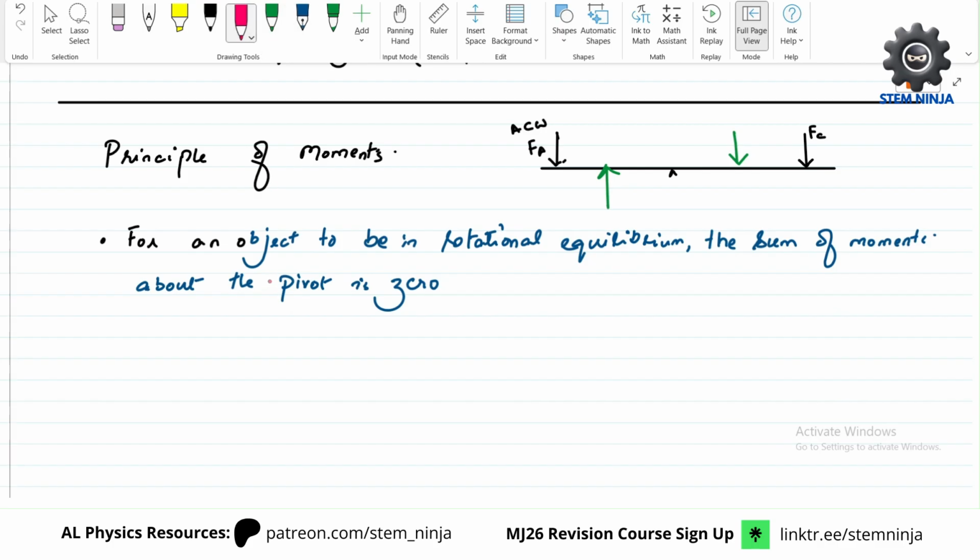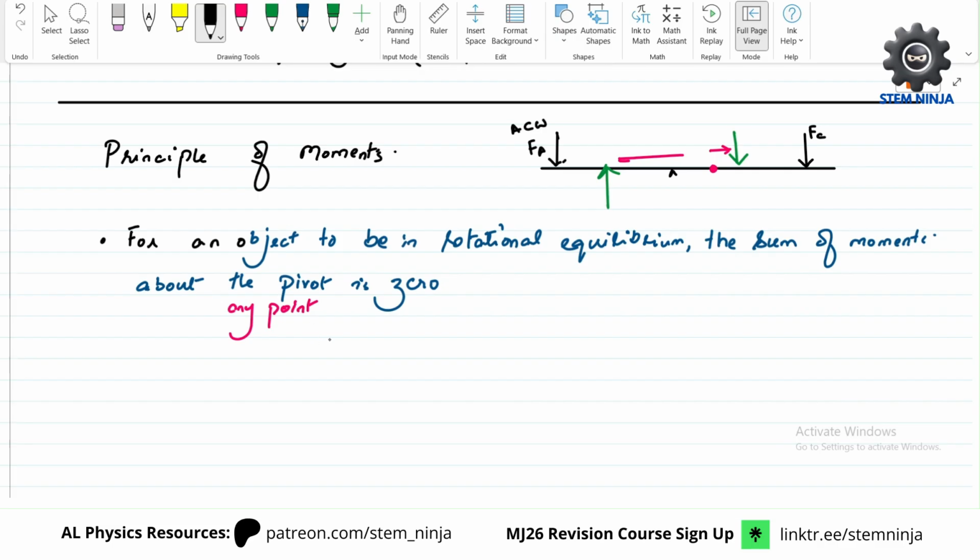Technically, this could be about any point, because if the body is in equilibrium, even if you take this point instead of the pivot, it should still apply. So you measure the distances from the forces, do the sum of moments, and that should be zero.